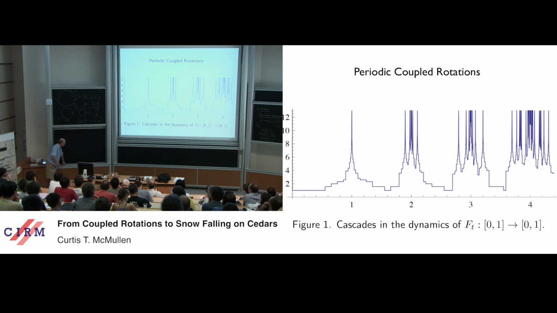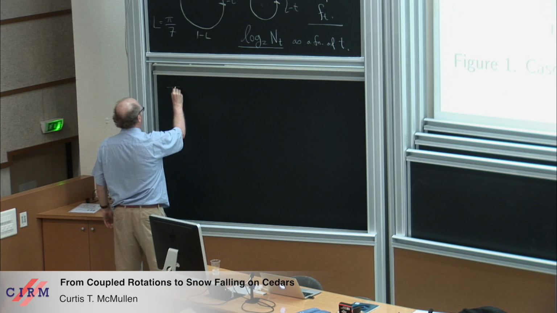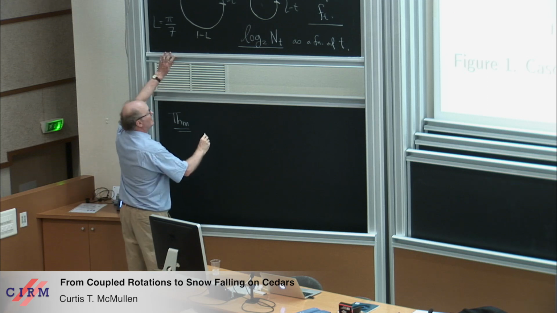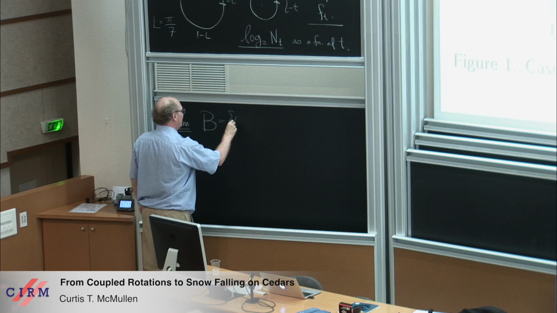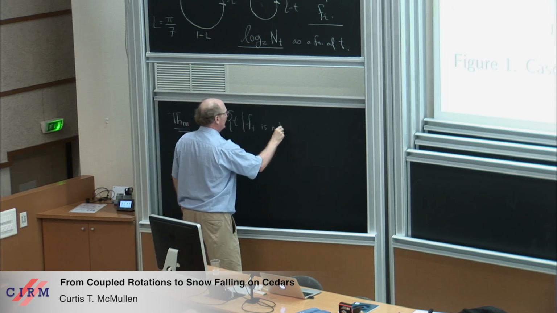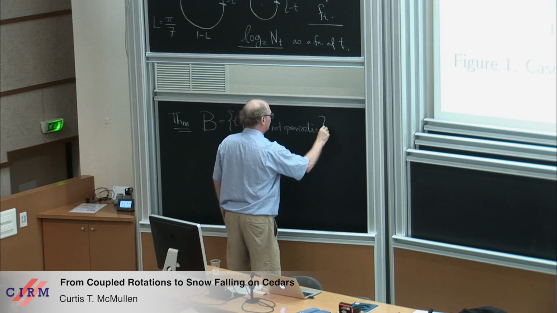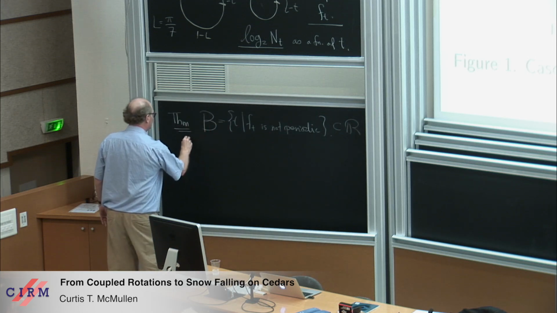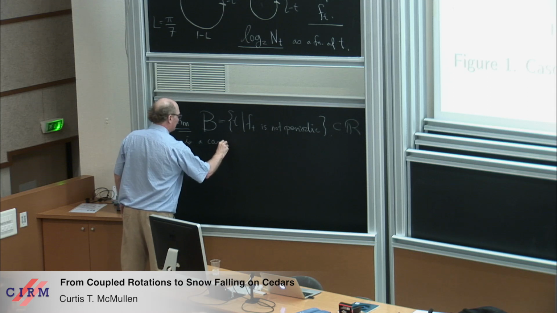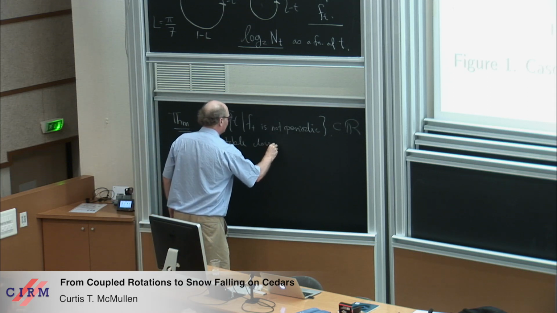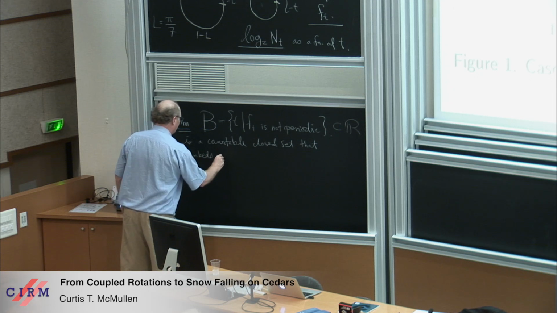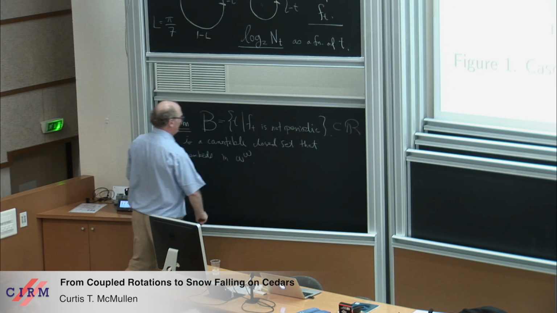well, let me state 2 theorems. The first theorem is that this bifurcation locus, B, which is the set of t such that f_t is not periodic, so this is just a subset of the real numbers, is a countable closed set that embeds homeomorphically in the ordinal omega to the omega.